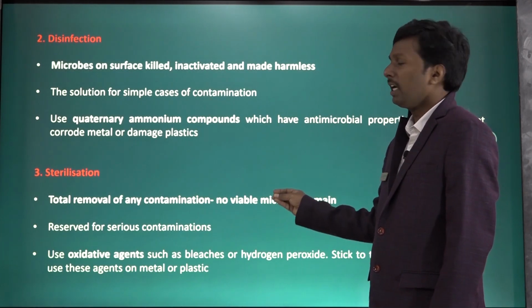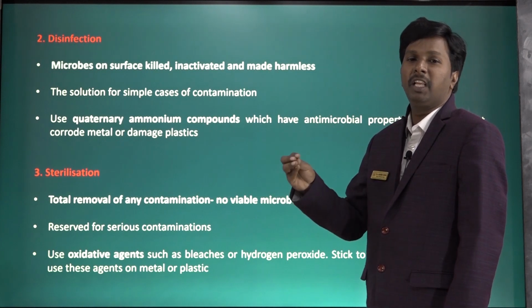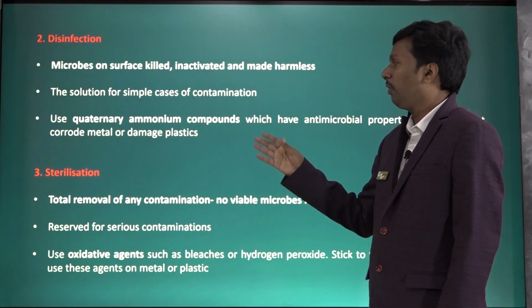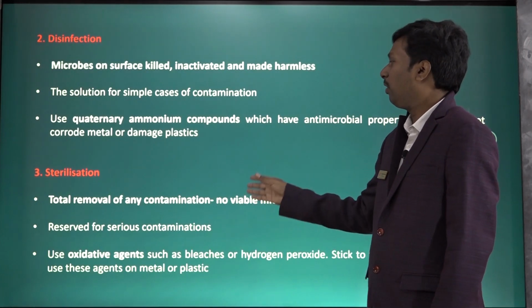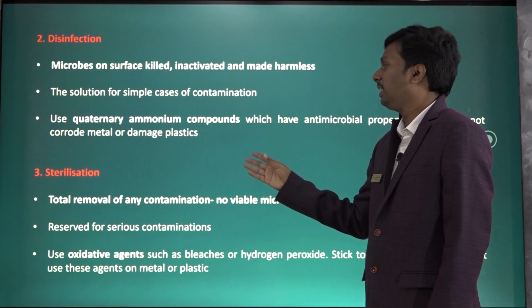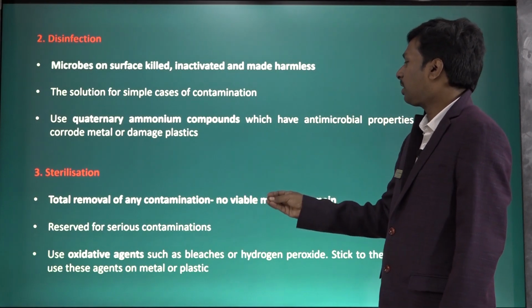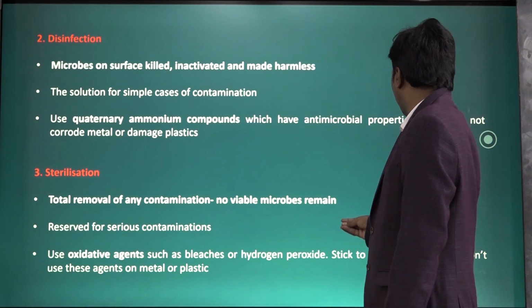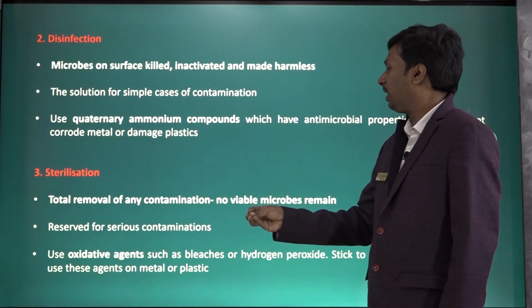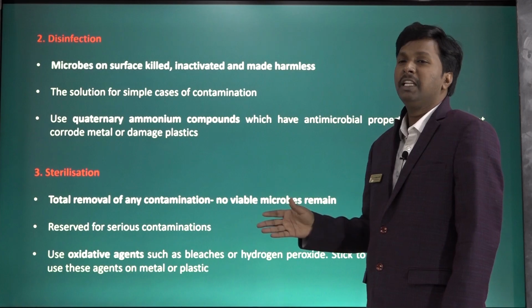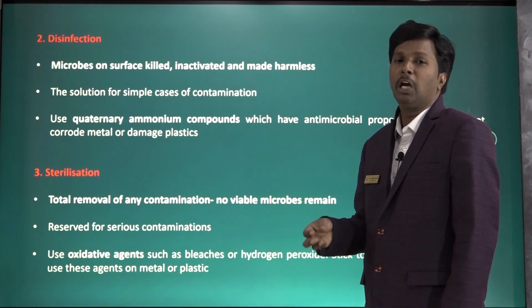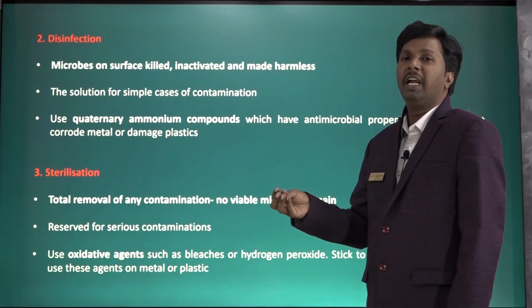It is reserved for serious contamination, as I said, BSL 3 and 4. We know that serious contamination will be there, so waste material will be generated, and at that time we have to use sterilization with an autoclave. Use oxidative agents such as bleach and hydrogen peroxide, stick to the safety rules, and don't use these agents on metal or plastic. For sterilization we use an autoclave, like steam sterilization, and also radiation and dry heat.